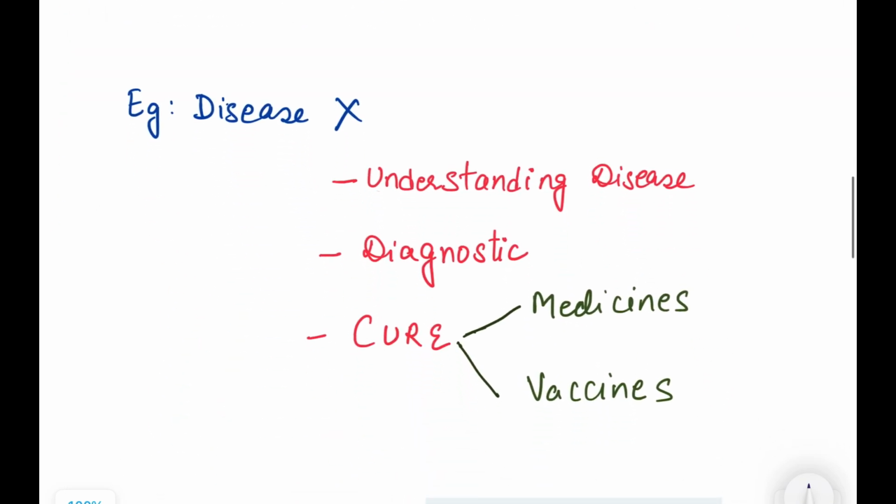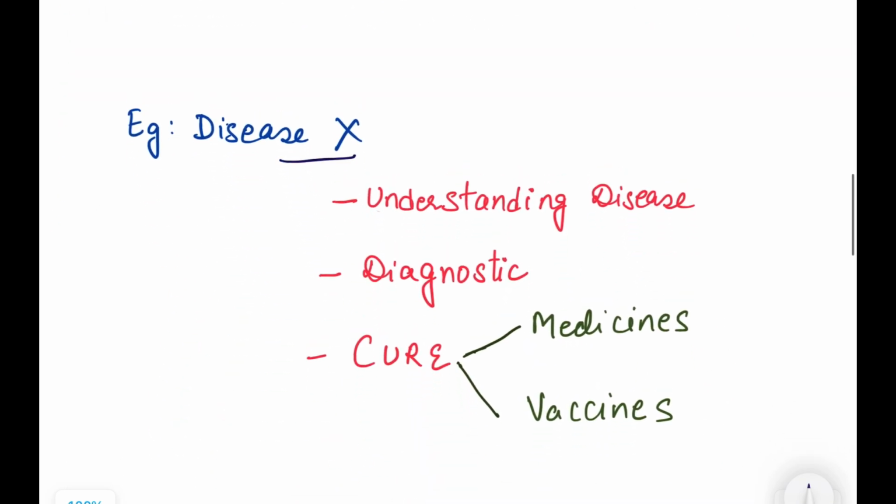Suppose there is a disease X. It may be an infectious disease, it may be some other disease like cancer, or it can be a lifestyle-related problem. So disease X can be any disease. The first step will be understanding the disease, and that is done by planning a few clinical studies.